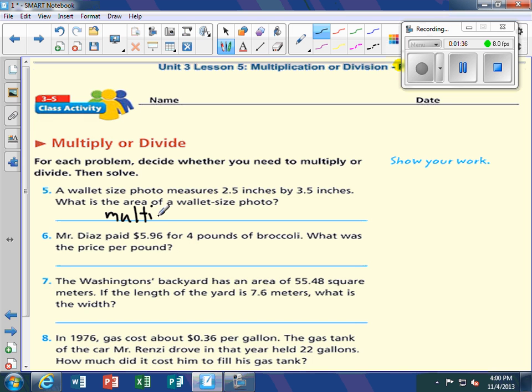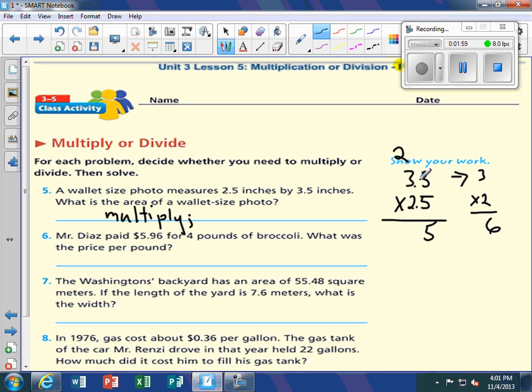And we are going to multiply 3.5 times 2.5. So go ahead and write that down. And then hopefully you're saying to yourself, well, if that was 3 and if that was 2, my answer would be 6. 5 times 5 is 25.